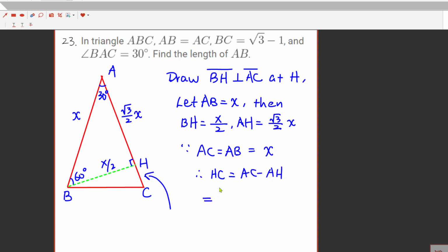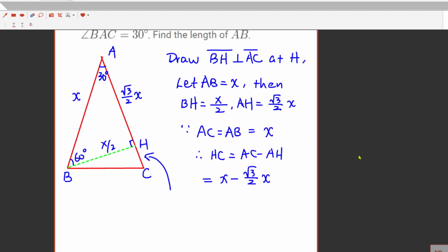So put both of the values in. AC is X, AH is square root 3 over 2 X. Okay, what else can we use? We can use Pythagorean theorem in this triangle here.